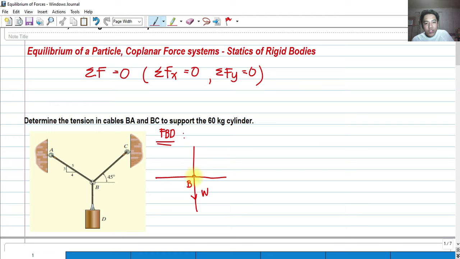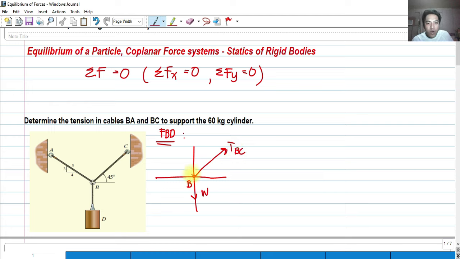And then we have the tension BC. Tension means it is a pull, pulling from this point. Let's label this as tension BC.